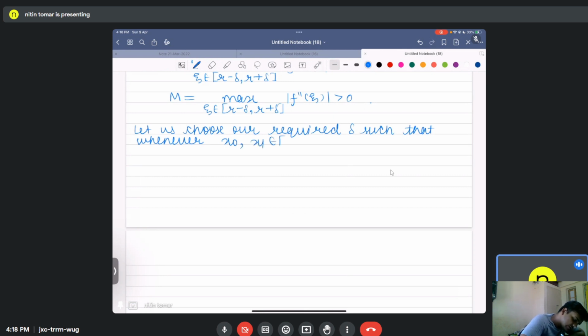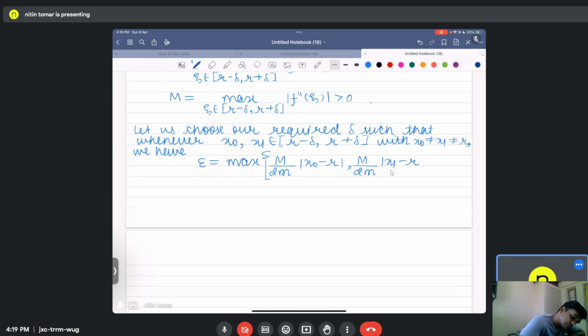whenever x0 and x1 are in (r minus delta, r plus delta), with x0 not equal to x1, not equal to r, we have epsilon to be the maximum of capital M by 2 small m times mod x0 minus r, comma, capital M by 2 small m times mod x1 minus r.